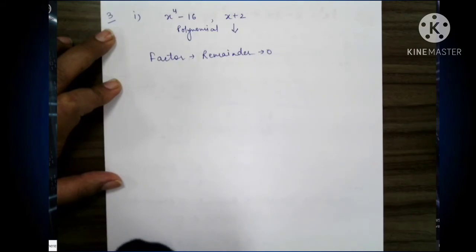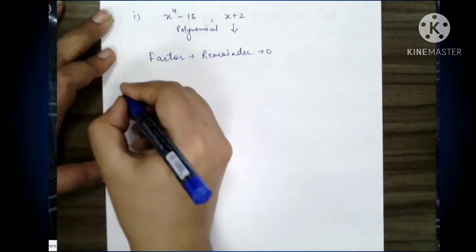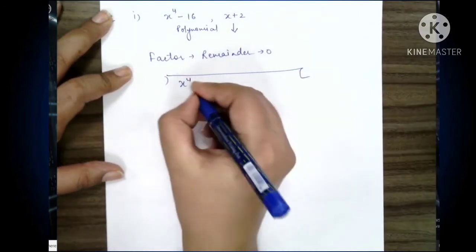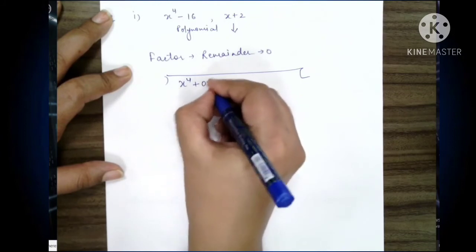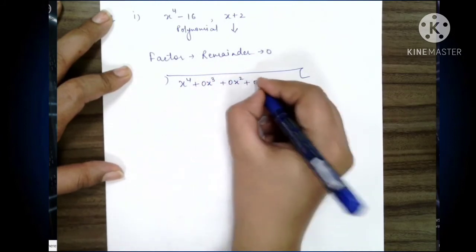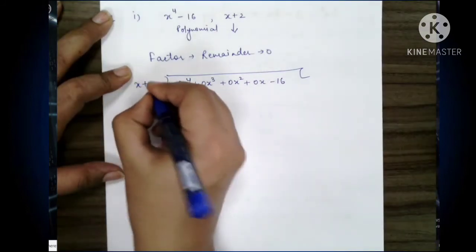It means your divisor is a factor of the dividend, otherwise not. So let's see this question. It is your x raised to the power 4. I told you if any term is missing, write 0x cube, 0x square, 0x, and at the end we have the constant, divided by x plus 2.